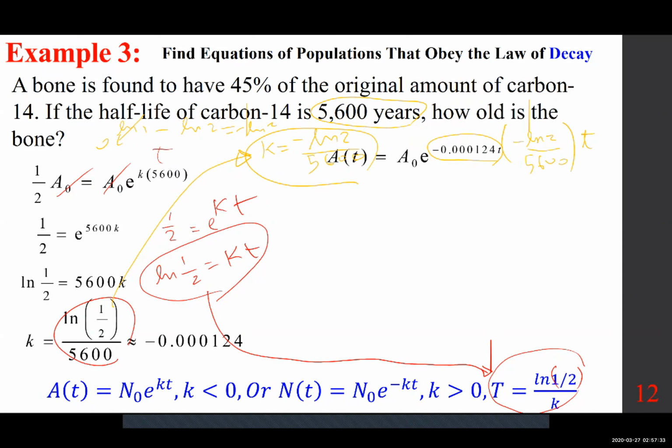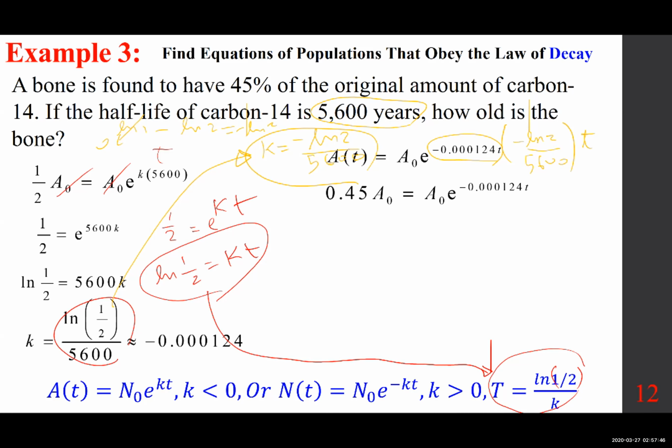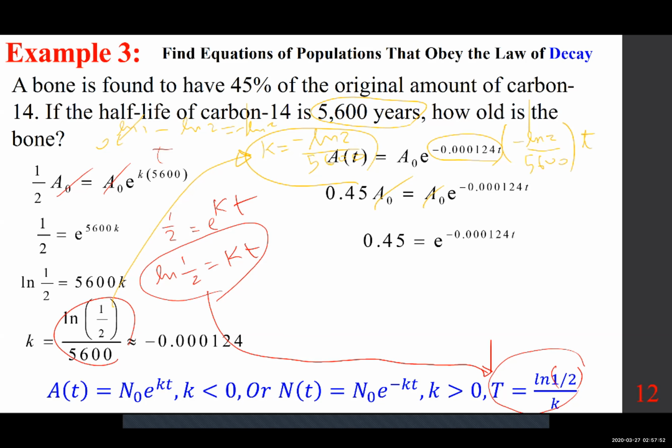All right, so now we have something with 45% of the original. We don't need to know what the original is. The original is A sub 0. So 45% is 0.45 times the original, so A sub 0 drops. And now you have to do the same thing. You have to take a log. And again, don't forget, the reason we take a natural log is because the base on the right side is e.